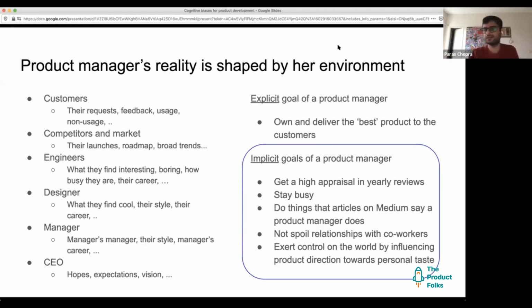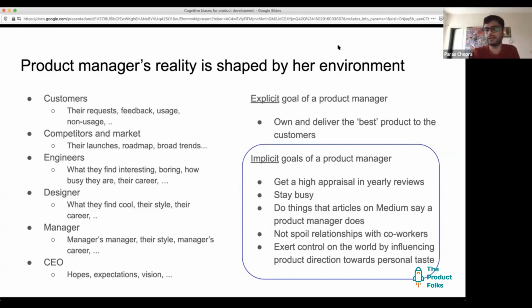On the right, you will see that if you go and ask a product manager what your explicit goal is, I'm hoping the product manager will answer that my goal is to own and deliver the best product to the customers. But because of the complex environment shaped by the entities on the left, like customers, engineers, designers, there are all sorts of implicit goals of a product manager, sometimes secondary and sometimes becoming primary.